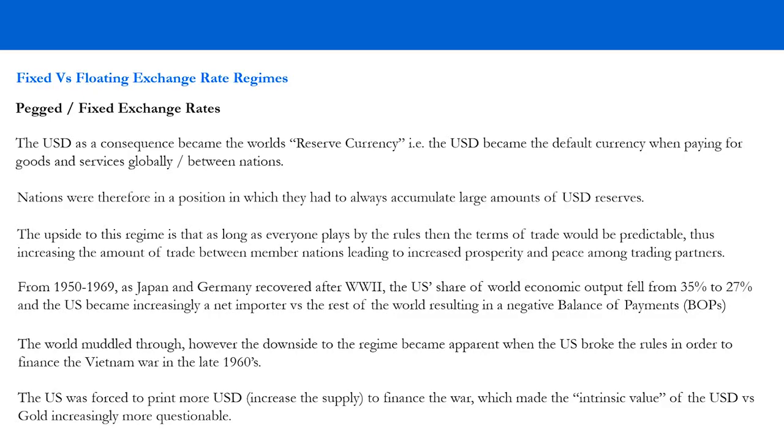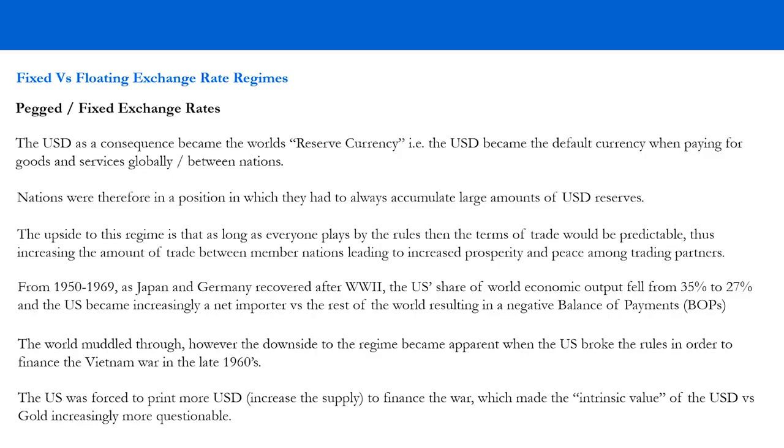Now, during that process, the world did kind of muddle through, but the downside to the whole regime became really apparent when the US had to actually break the rules in order to finance the Vietnam War in the late 60s. And what happened was the US was forced really to print more US dollars to finance the war and print them at a rate that was higher than the rate of newly mined gold.